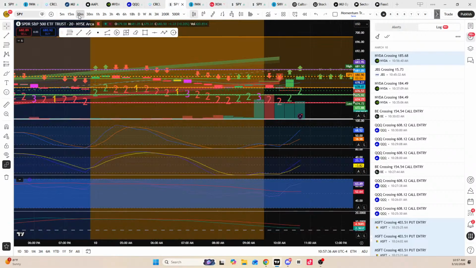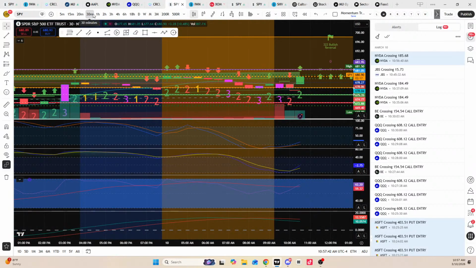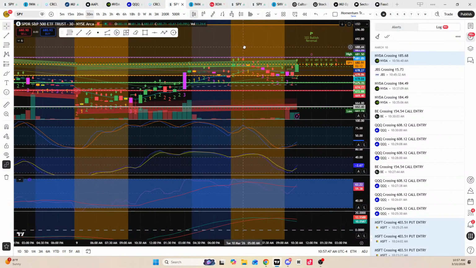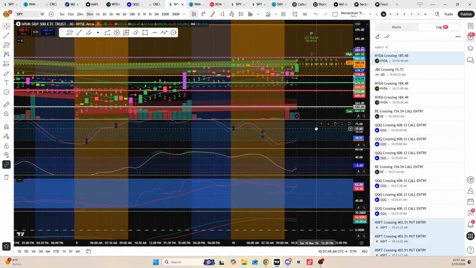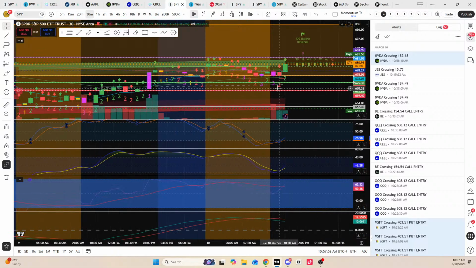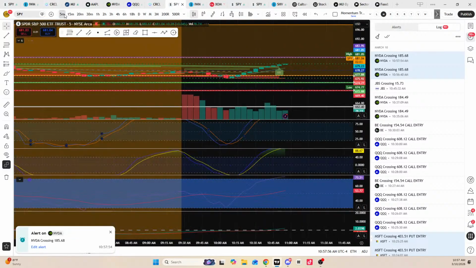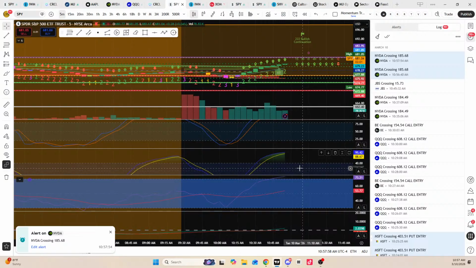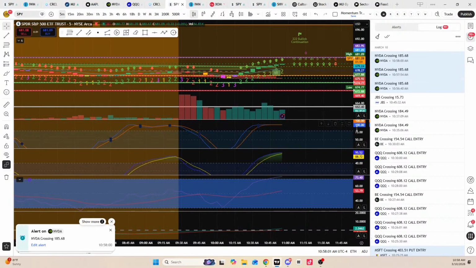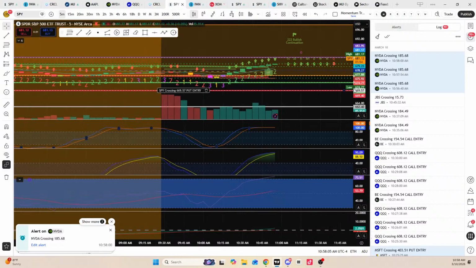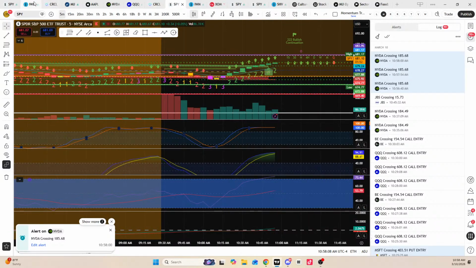Trying to see if we about to get a little pullback before the rally continues. Let's go down to the 5-minute. Alright, I'm gonna wait for the 5-minute momentum to slow down a little bit, and I'm gonna jump in on that.